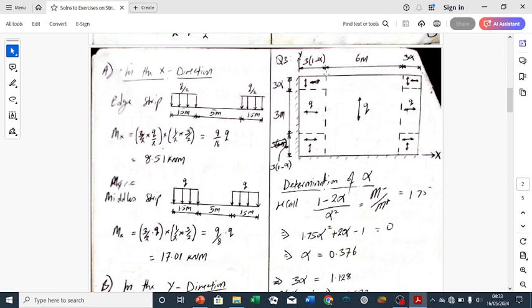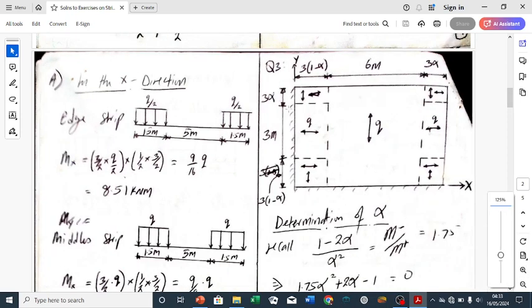So if you look here, this is the slab. The slab we told is 9 meter by 6 meter. So A is 9 and B is 6. So let's go to the dimensioning first on the short span, which is the y direction. The middle one is usually B over 2, so 6 over 2 is 3.